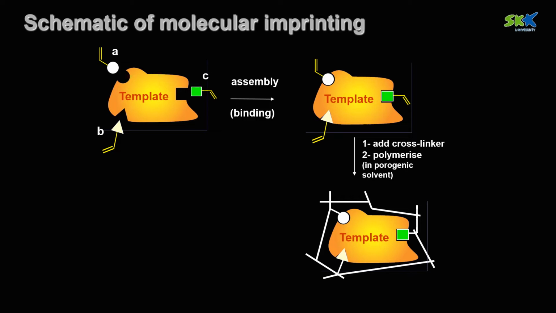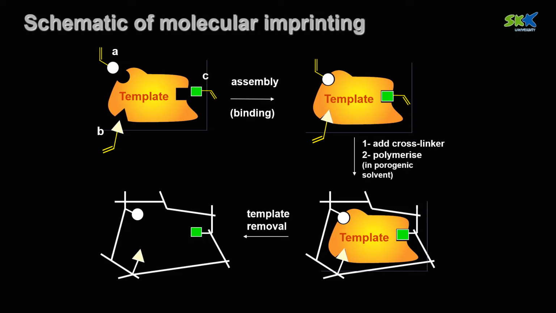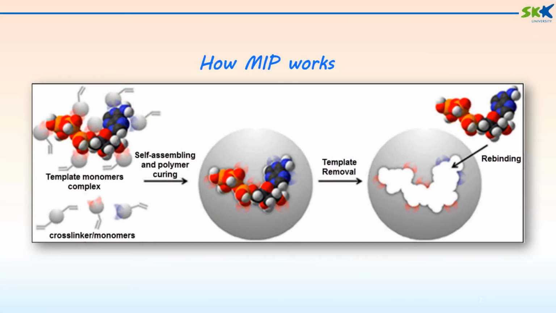To use that molecularly imprinted polymer as a sensor, we have to remove the template again to create the cavity which has the same shape as the template. In fact, we call it a recognition site. To understand it more deeply, we have to look at the 3D picture.